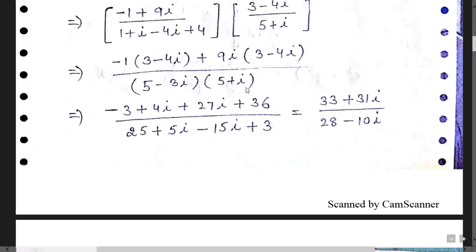And 3 iota into 1, it's plus 3, because it's minus 3 iota square. Minus 3 plus 36, it's 33. 4 plus 27, it's 31 iota. Then 25 plus 3, it's 28. 5 minus 15, it's minus 10 iota.